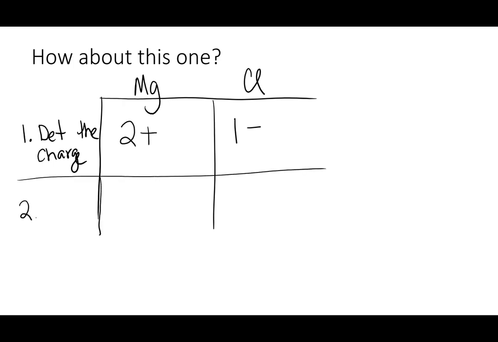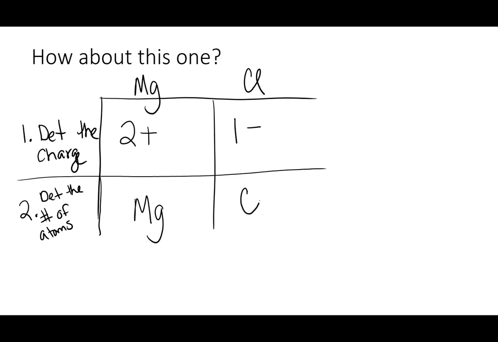The second step is going to be determine how many of each atom you need. So determine the number of atoms. Okay. So for magnesium, he's got a positive 2 charge. We're just going to need 1 atom of magnesium.